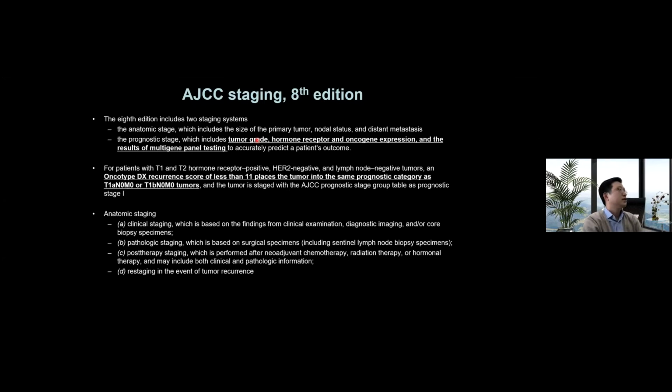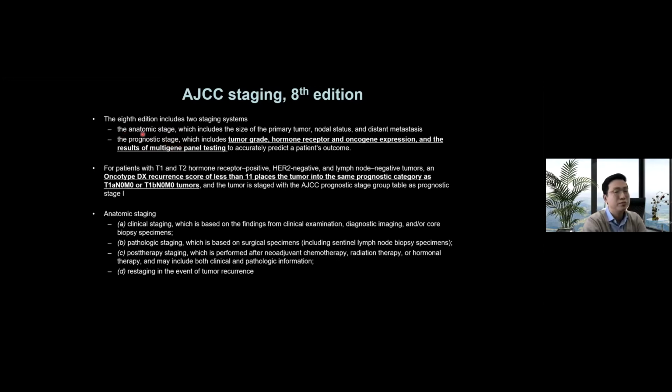So this is an overview of 8th edition of AJCC staging in breast cancer. And the unique thing in breast cancer staging in 8th edition, they included the anatomic stage and also prognostic stage.